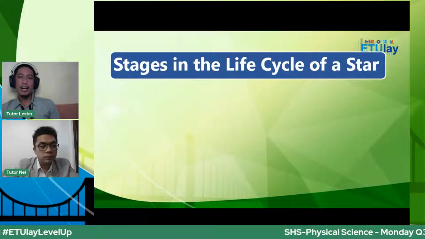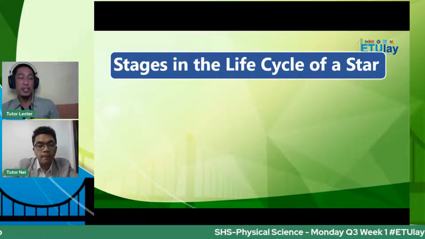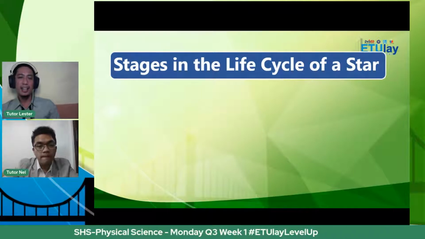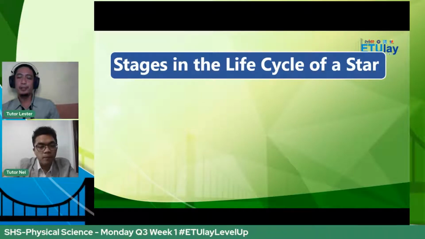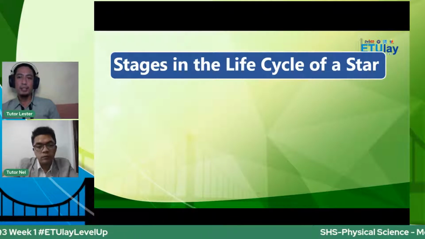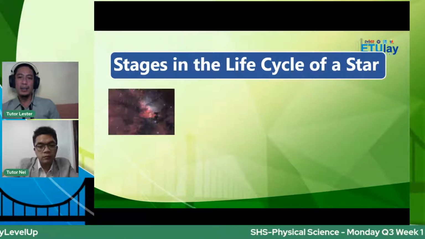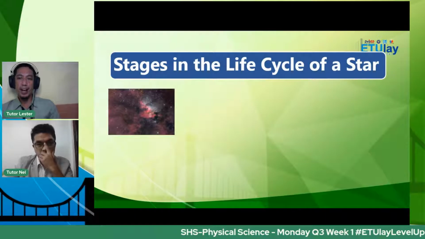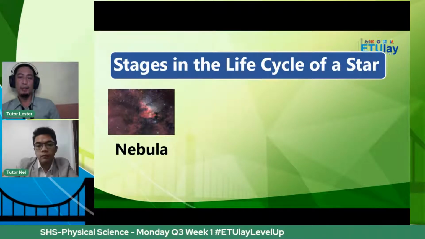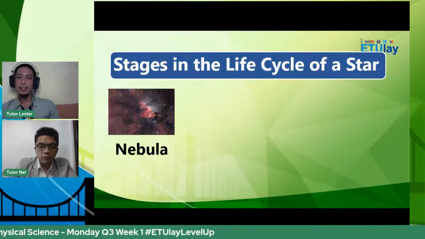Magkaiba po ang life stages ng average size star, kagaya ng araw po natin, at ng mga naglalakihang mga bituin. Nagsisimula ang isang bituin bilang isang dust cloud o nebula. Ang laman ng dust cloud na ito ay mostly hydrogen.